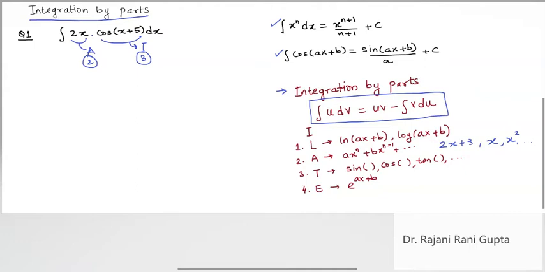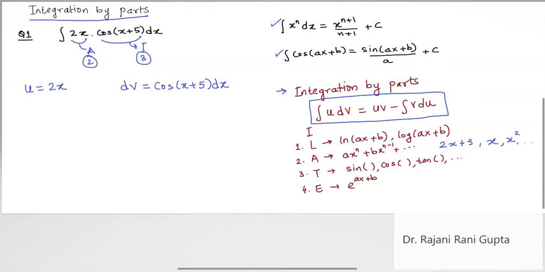So the algebraic function comes before the trigonometric function. So we will select u equal to 2x, and whatever is left we consider as dv. Once 2x is gone, we are left with cosine(x plus 5) dx. So this total will become dv.